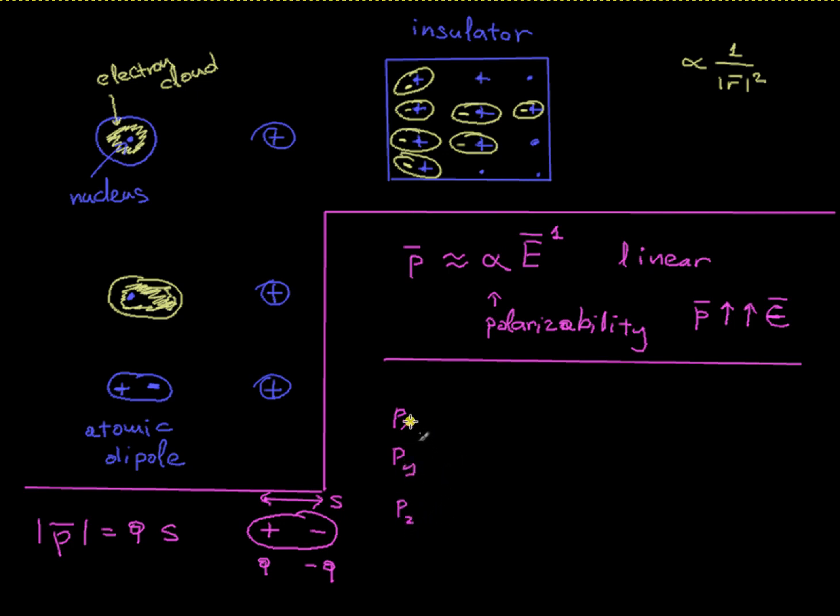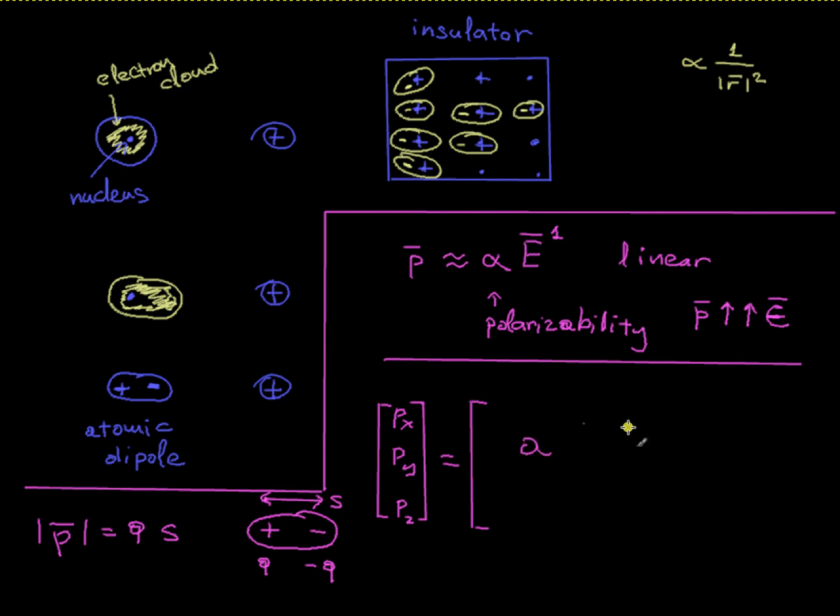I'm going to use matrices now. So I'm going to write the dipole moment as a matrix. And this will be equal to a 3x3 matrix. That is the polarizability.